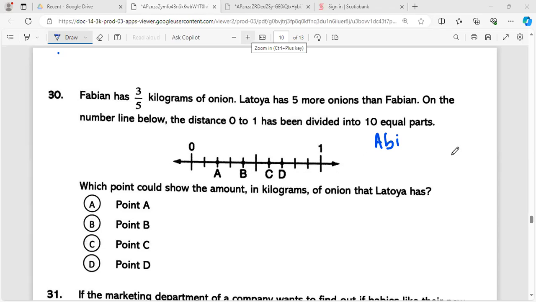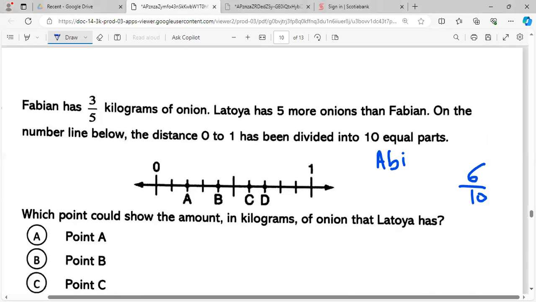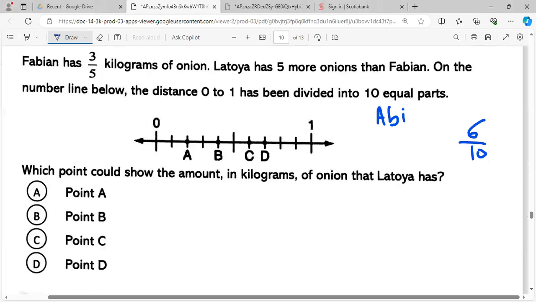All right, so you find the equivalent fraction, which is 6/10. And what's the significance of that? When you find out, what's next? And then what I did, I added 5 to the 3, and I got 8 for Latoya, for the amount of onions that Latoya has.